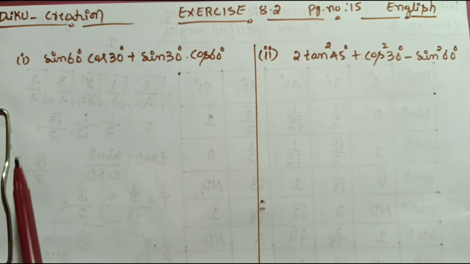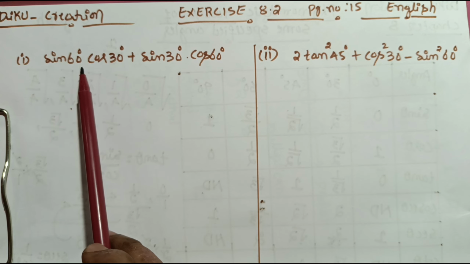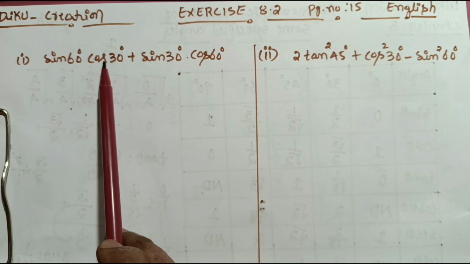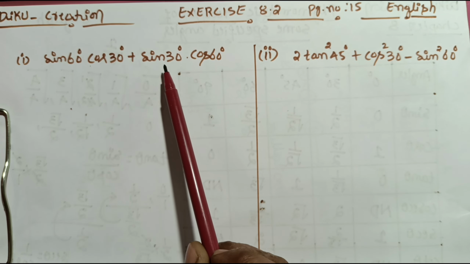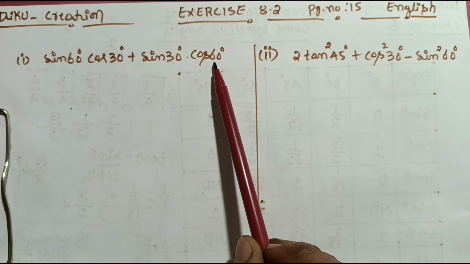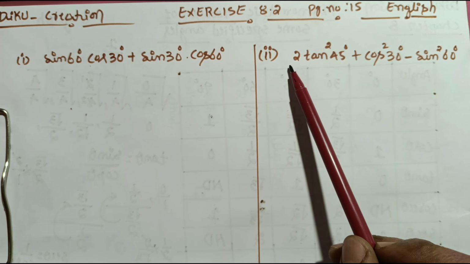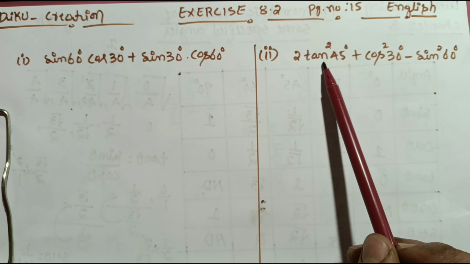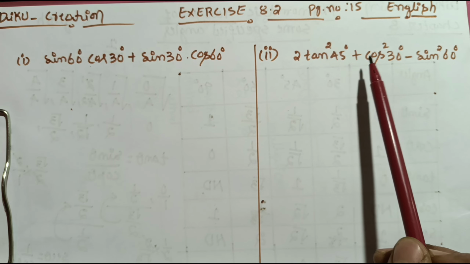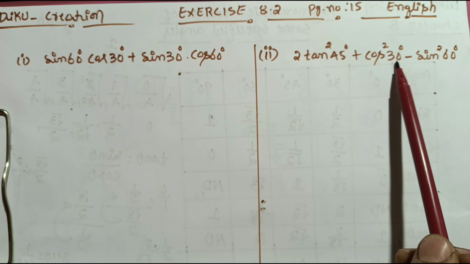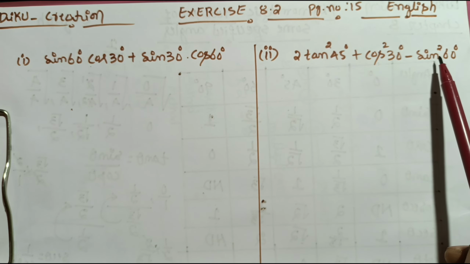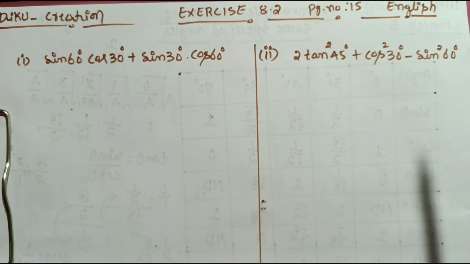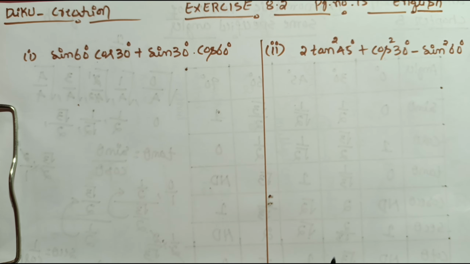Question number 1 is sin 60 degree into cos 30 degree plus sin 30 degree into cos 60 degree. Question number 2 is 2 tan square 45 degree plus cos square 30 degree minus sin square 60 degree. So to evaluate this problem, in the first step I need to substitute all the values from the trigonometric ratio table.